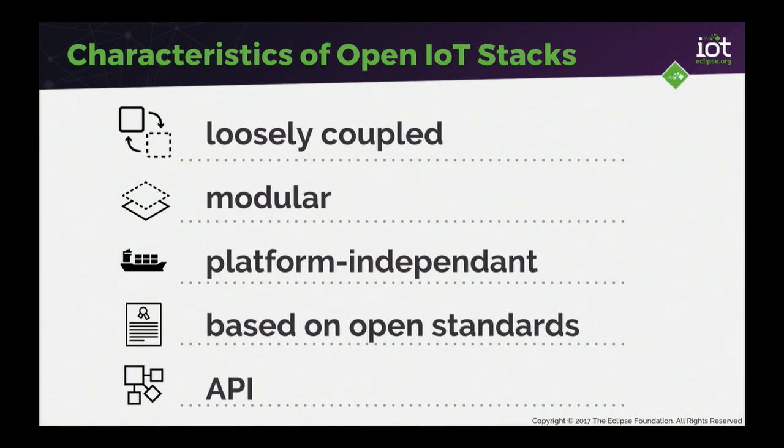Platform independence is particularly important both from a constrained device point of view as well as in the cloud. For the constrained devices, like I said, you may want to write software that targets ARM initially, but realize later on that there are cheaper options out there, so you want to move on.